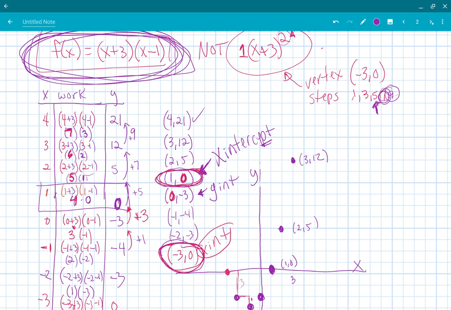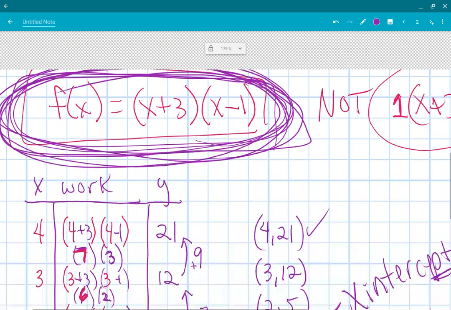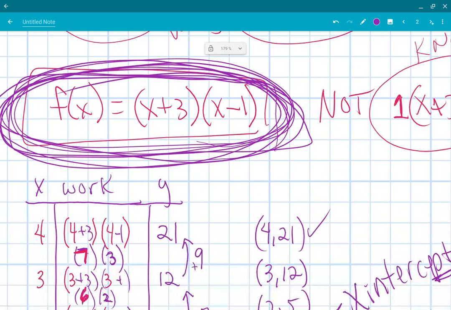Do you see a +1 or the opposite of +1? Here is the other x-intercept, 1. Do you see the opposite of 1 inside the equation? Yes. So the x-intercepts are the opposites.